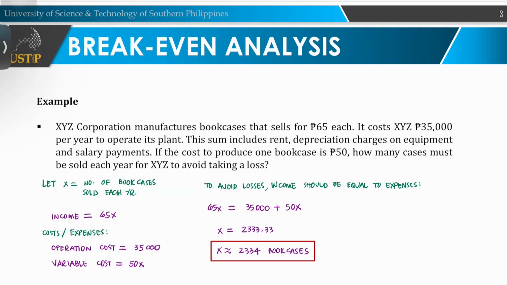Now, this is the number of bookcases, no? So whatever value has a decimal, we round it off. So in this case, approximately 2,334 bookcases need to be sold by the company, class, to avoid taking a loss. Okay, so that is the break-even point.